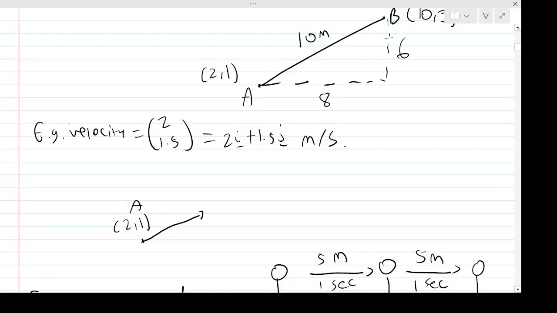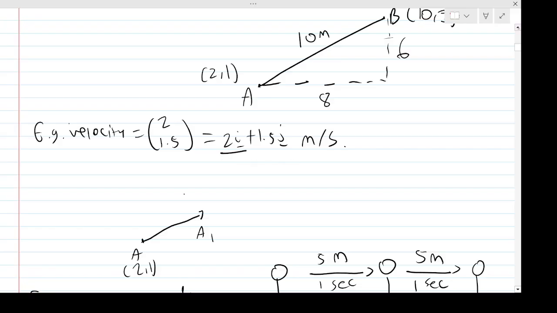Say after 1 second, I'm at the point A1, right? We start at A at 2,1. Now, after 1 second, we're at the point A1, which means we need to add this amount on, 2i 1.5j.